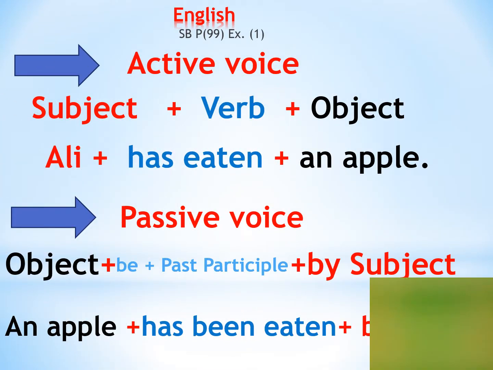I chose here another tense. Ali has eaten an apple. Which tense is this one? I hope that most of the students know which tense it is. It is the present perfect: has or have plus past participle of the verb.